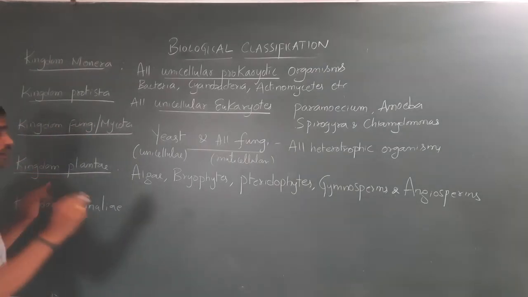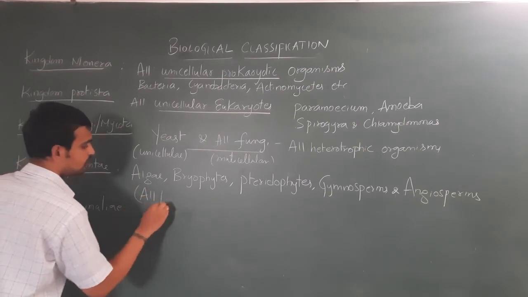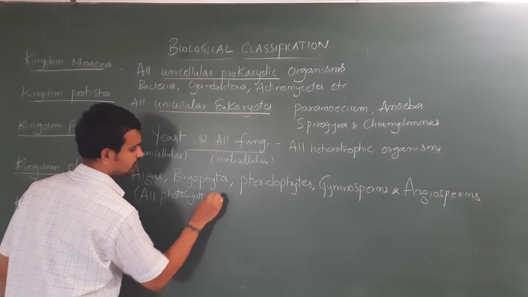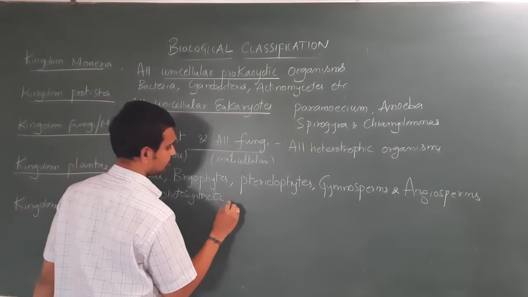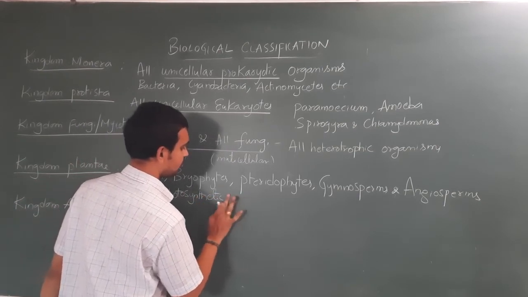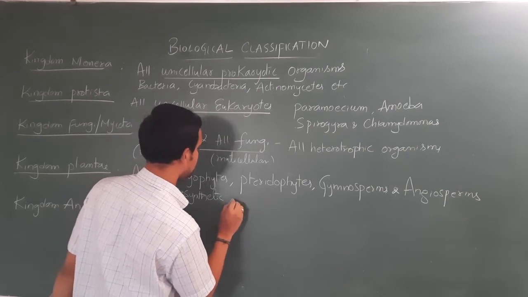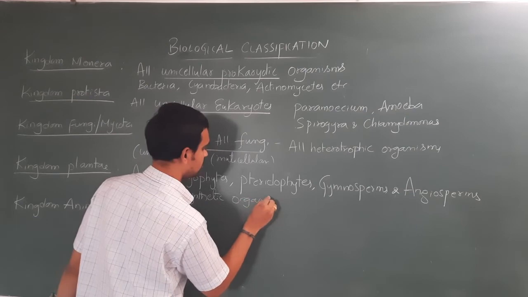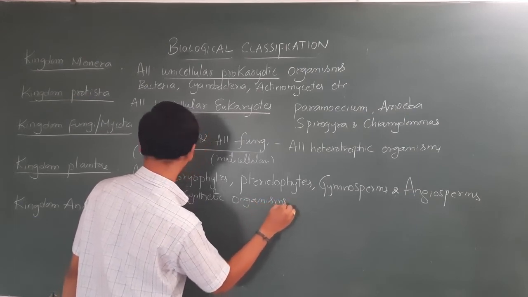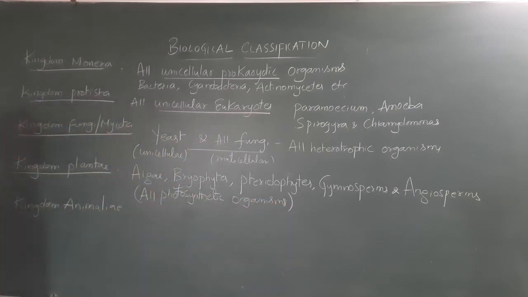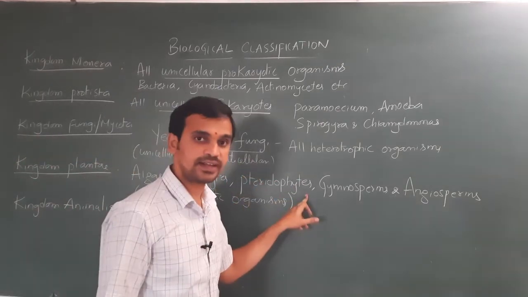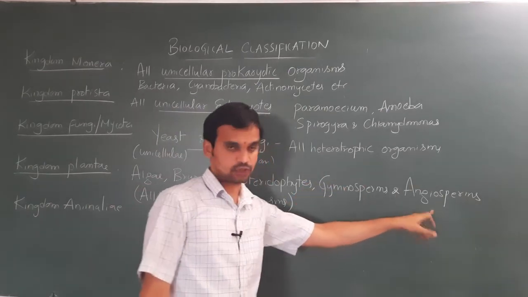Kingdom Plantae consists of all photosynthetic organisms. So kingdom Plantae consists of algae, bryophytes, pteridophytes, gymnosperms and angiosperms.